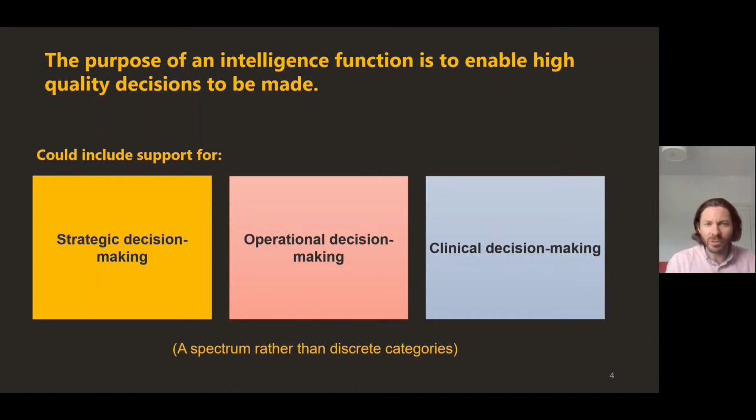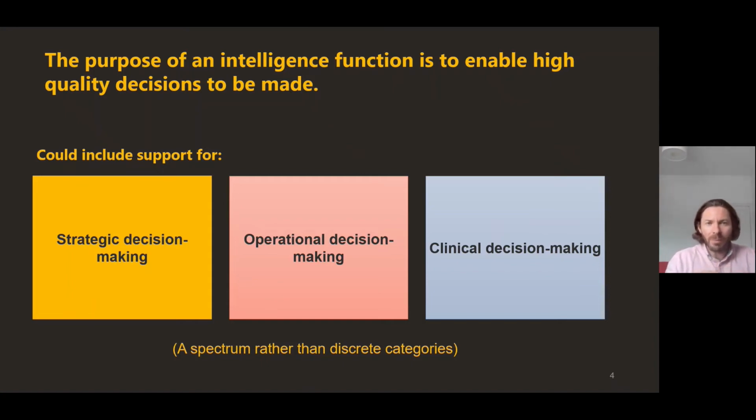And then operational decision making might focus on ways to improve the way a system delivers and manages services, drawing on predominantly internal sources of evidence to the system. And then clinical decision making perhaps focuses on common clinical questions, such as how can we identify gaps in care for individuals that can exploit the potential for automation and those PHM platforms.